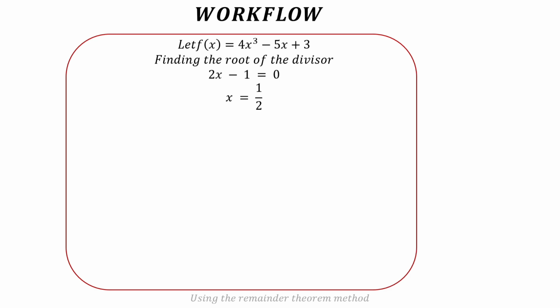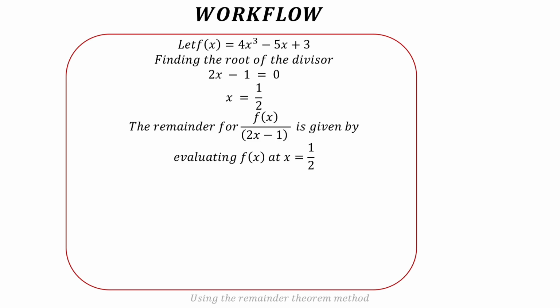Okay, now after finding the root of the divisor, the remainder for that division you are doing is given by evaluating f of x at x equals half. Okay, so the half here is the value of x we had by equating the divisor to 0.